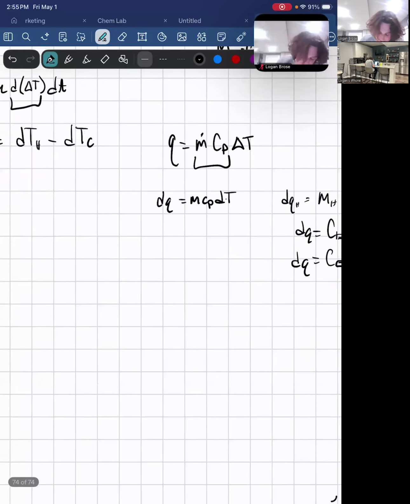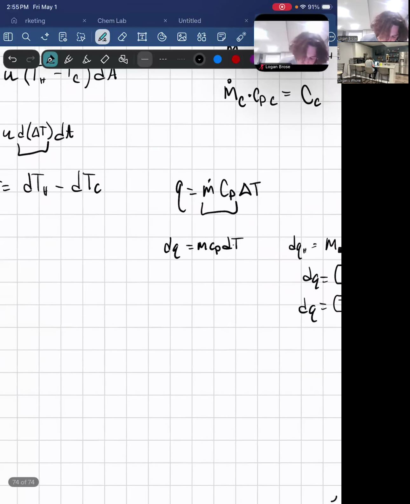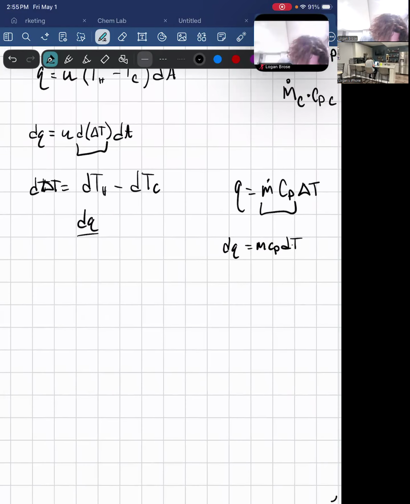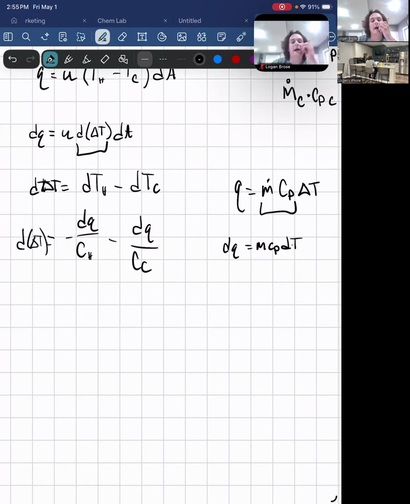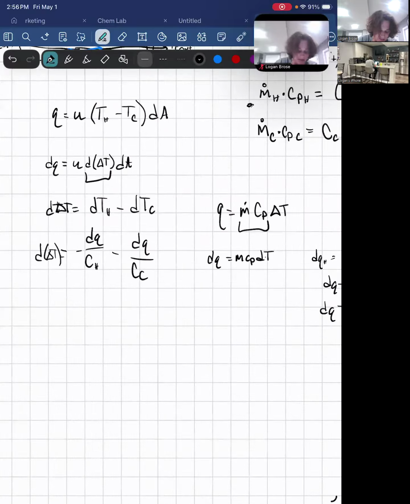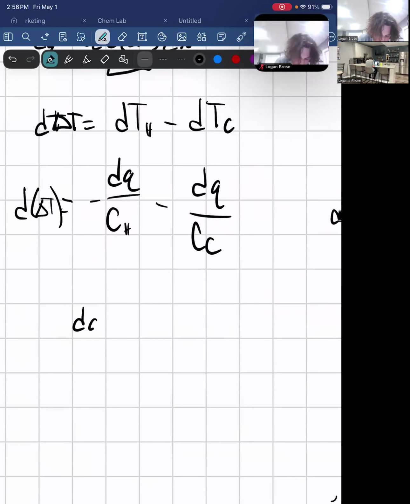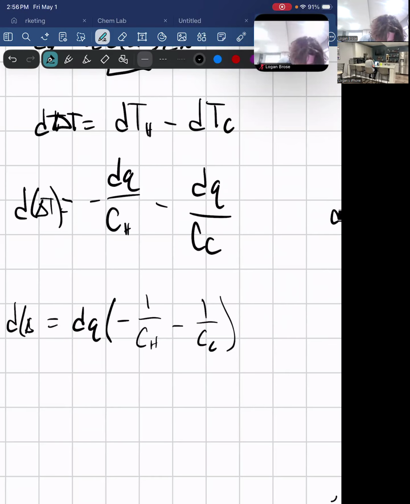So this can be rewritten as dq over CH minus dq over CC equals d delta T. With that, dq can be factored out: dq times 1 over CH minus 1 over CC equals d delta T.